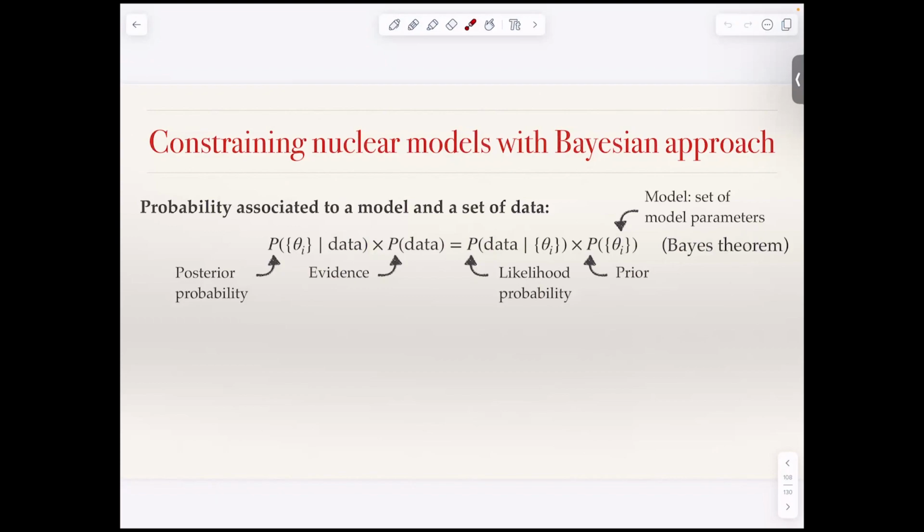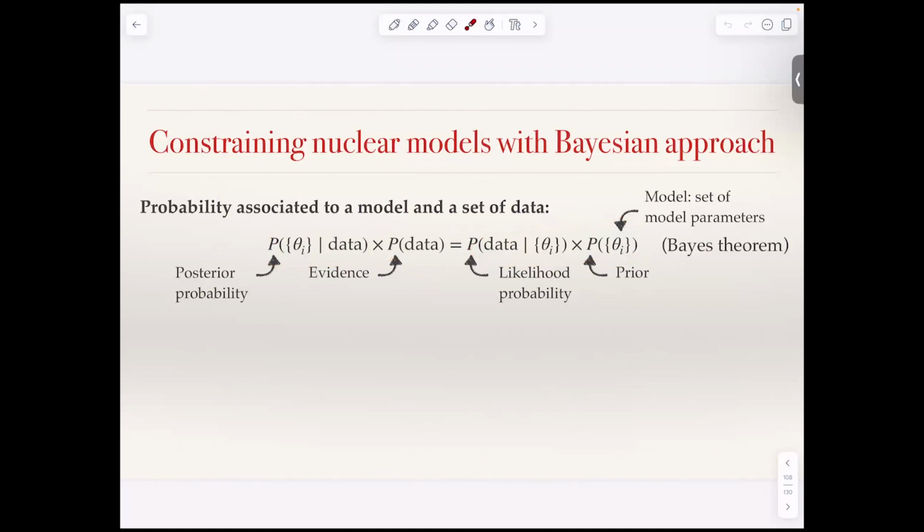So you have two ways to do that. Either you have what is called the posterior probability, and you multiply it by an information about your data, which is called the evidence. Or, for the same quantity, you say I have a prior on the model parameters, which is the theory part, and a likelihood probability, and when I do the product of the two, I should recover the same probability as the product on the data.